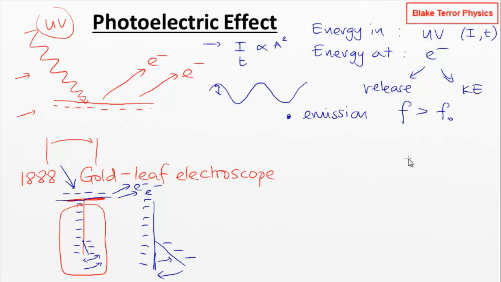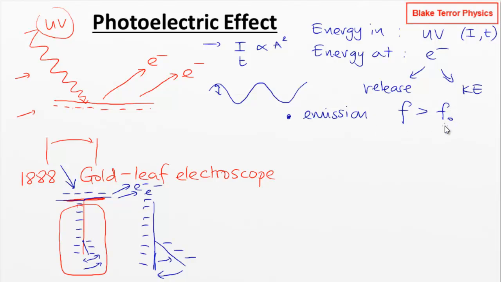If we're not at a higher frequency than the threshold frequency, then we don't get any photoemission at all. No matter how strong, how intense the light is and how long we're shining it for, nothing's getting emitted.